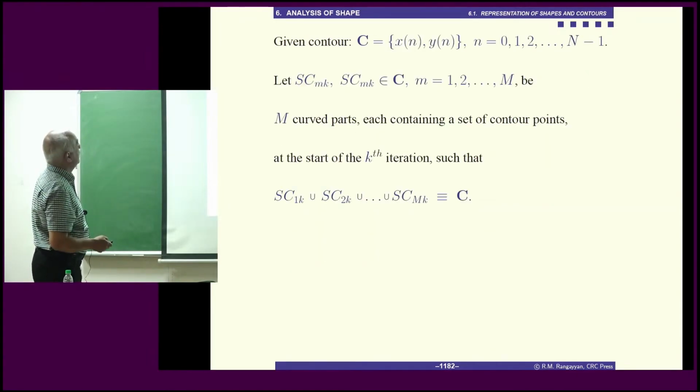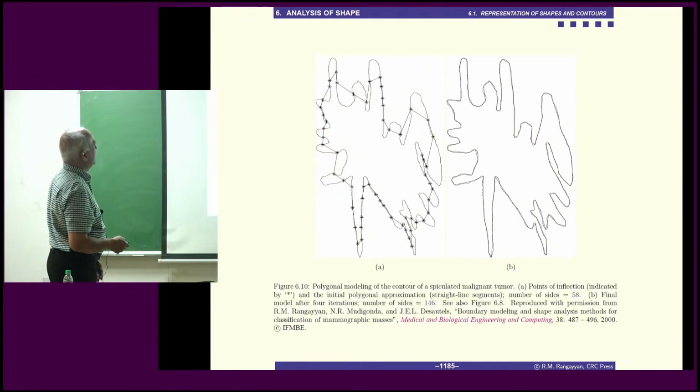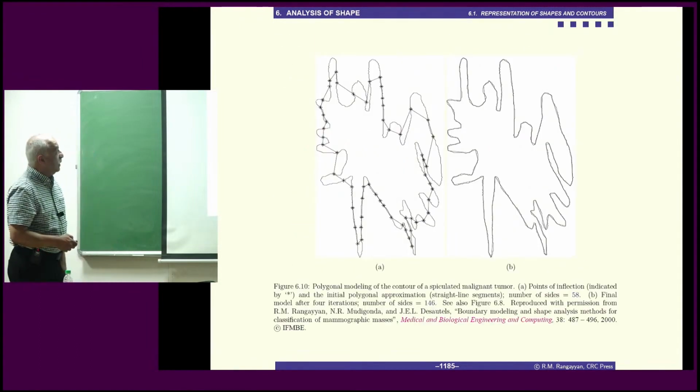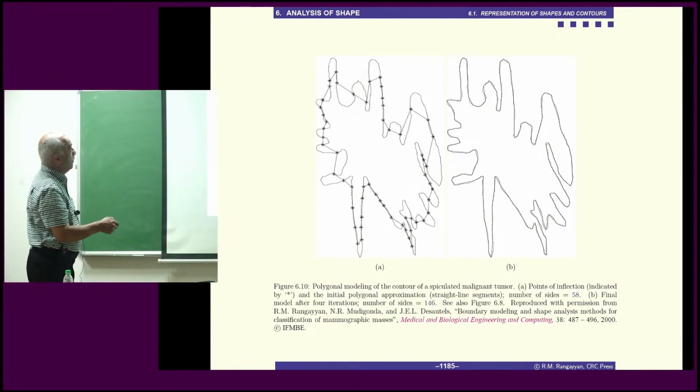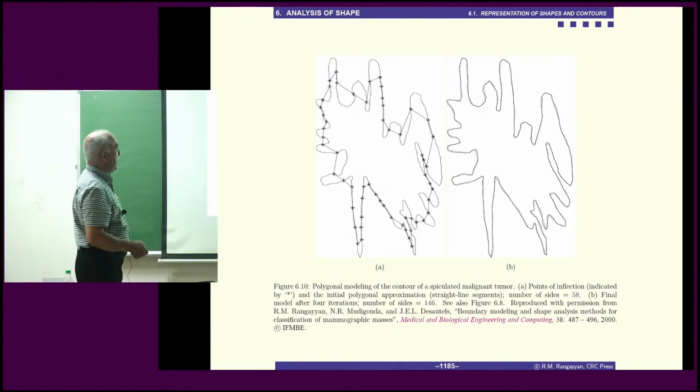I'll just show this using this picture. So this set of points of inflection on that contour I showed earlier. Certainly this is not a good polygonal model. These are all straight lines. So the initial number of sides is 58.